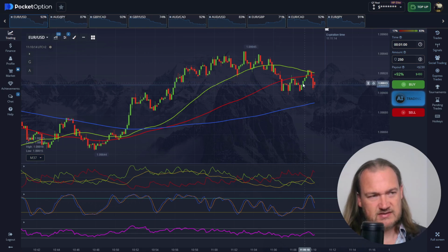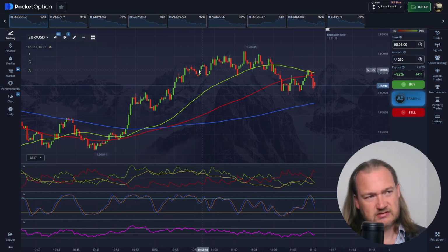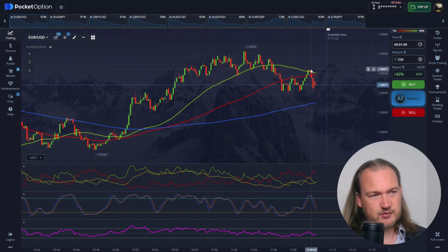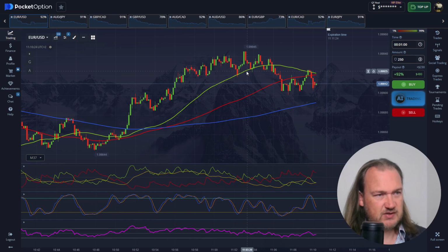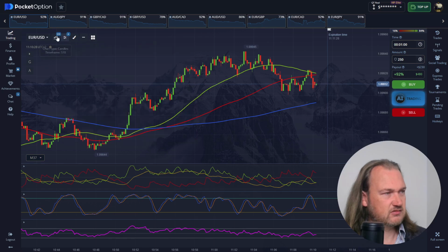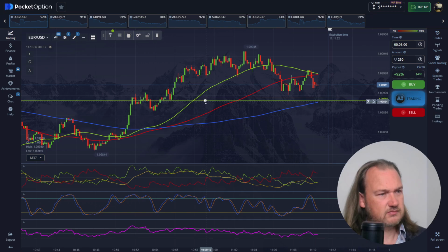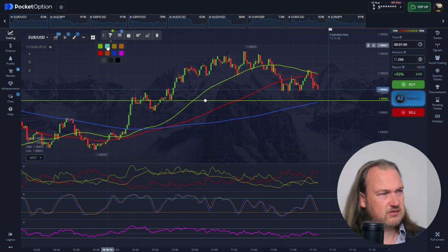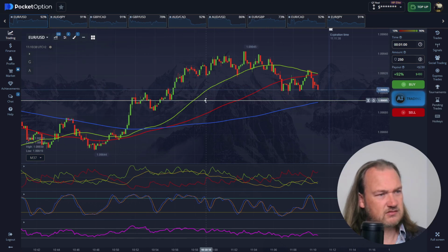Okay, so sideways again. We were pushing hard and went sideways, just a small drop, went sideways. This little push here was actually a good trade because we came back to test this level here. Let's draw that in. Let's make this a little thicker. Make this a different color.